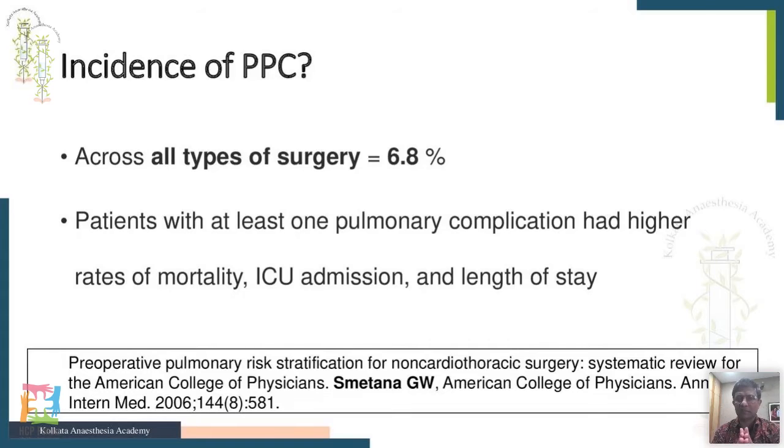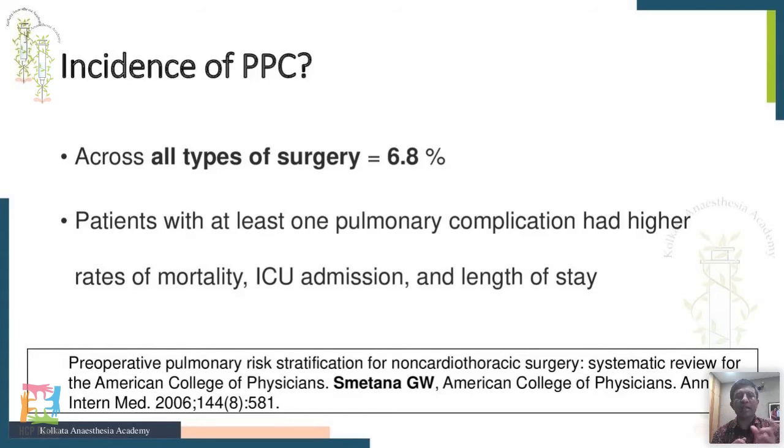This is the systematic review done by Smetana from Boston for the American College of Physicians, and they figured out that if you use those defining criteria, the rate is around 6.8% across all types of surgeries.